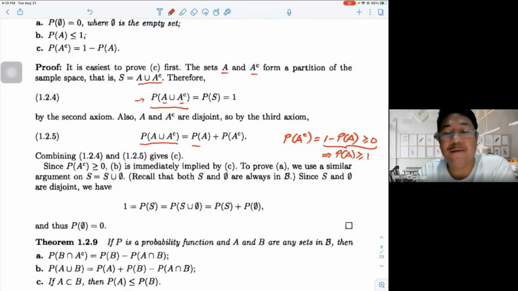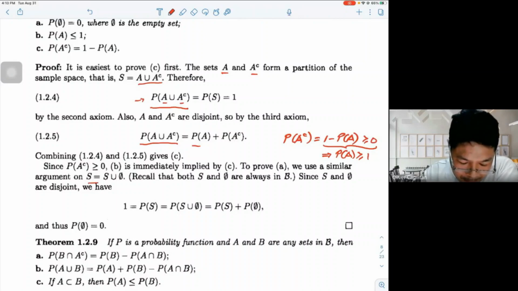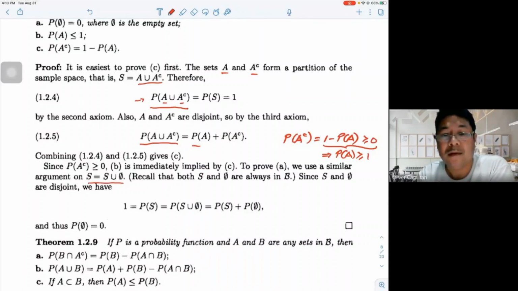And then for the first property, S is equal to S union an empty set. S and the empty set are disjoint, and we know that the probability of S is equal to 1.